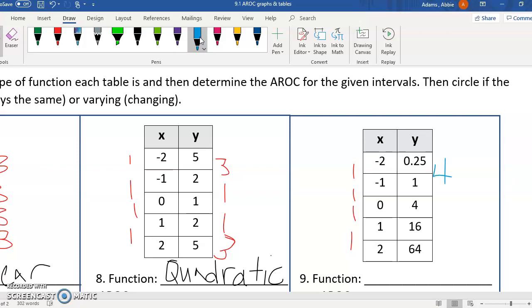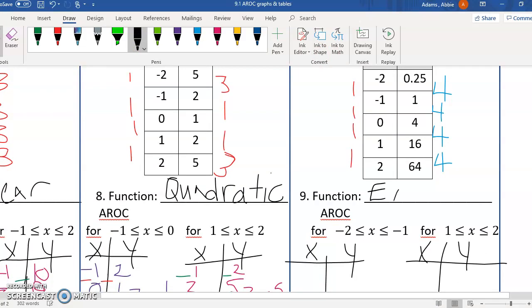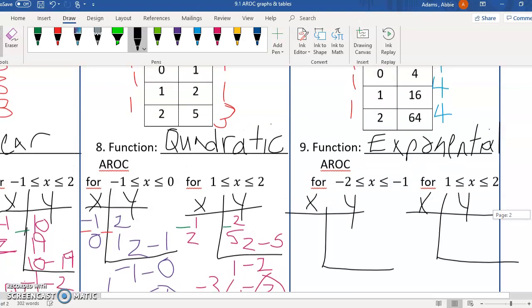So that's a multiple of 4. 4 divided by 1 is also 4, or 1 times 4 is 4. 4 times 4 is 16, and 16 times 4 is 64. So because we are multiplying instead of adding, this is going to be an exponential function.